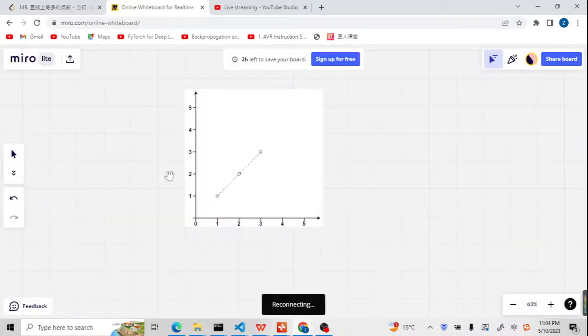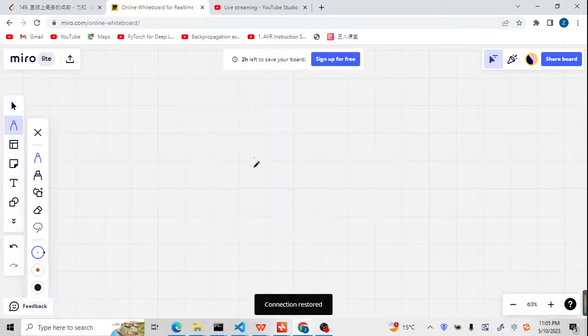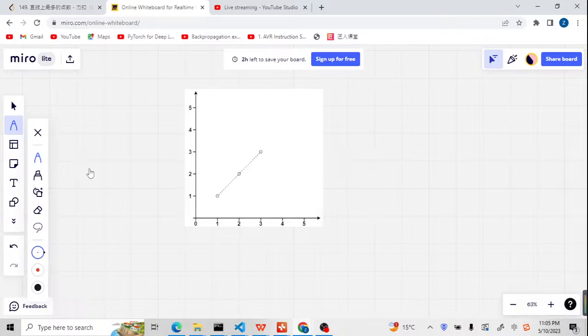We can see from here, if these 3 points are on the same line, then any 2 points, for example point 1 and point 2, have the same slope. The slope is 1. For points 2 and 3, also the same slope, 1. For 1 and 3, also the same slope. So we want to use the slope value.